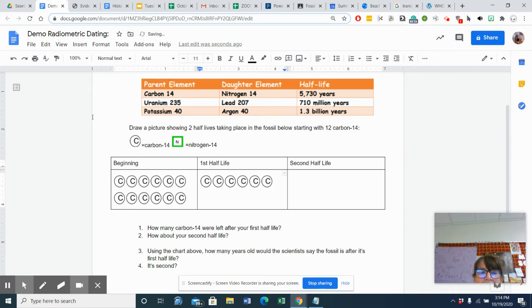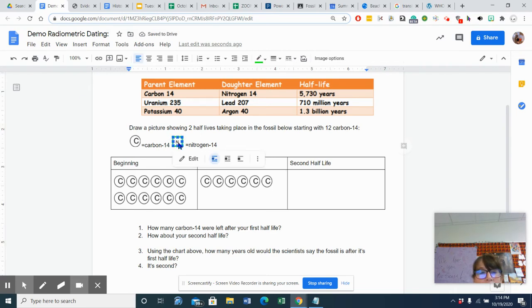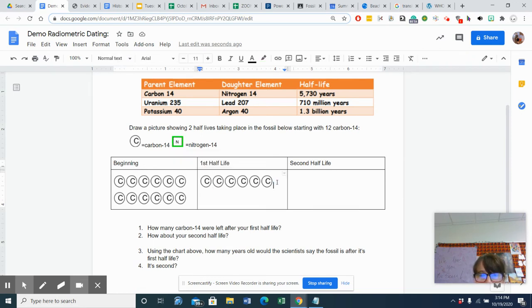And then half of it will have turned to nitrogen, so there'll be 6 of those. Then the second half life. After the second half life, half of these carbons will have changed.